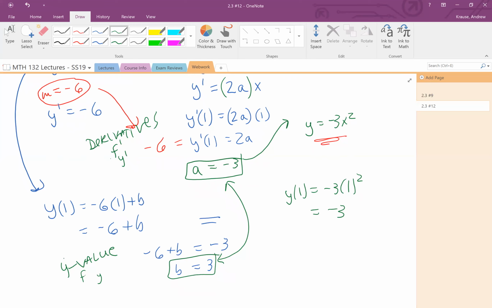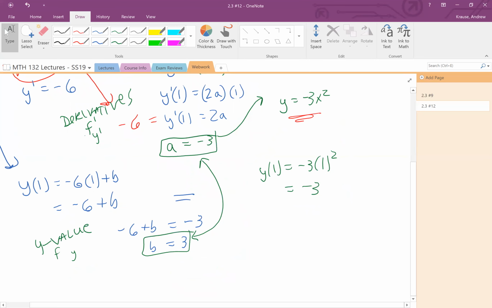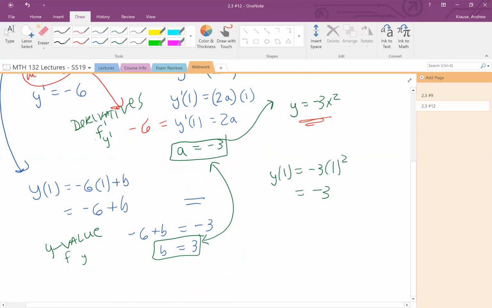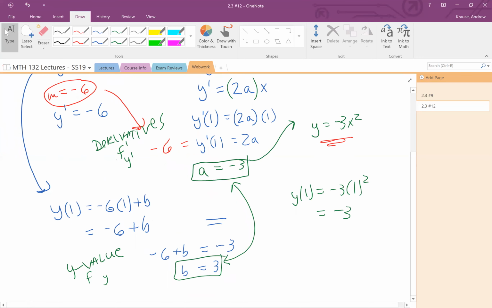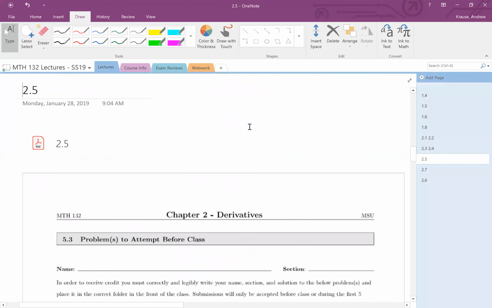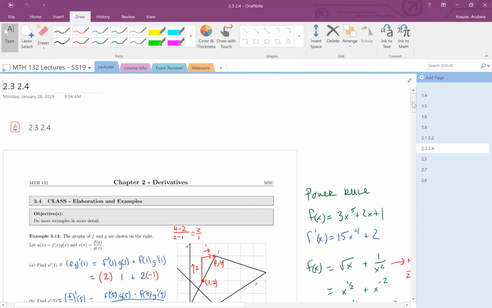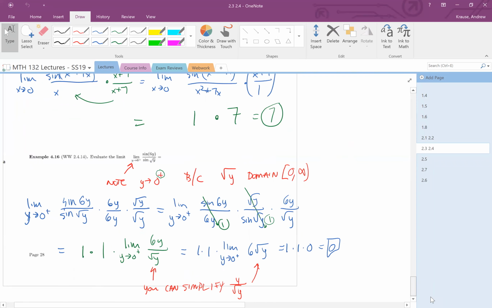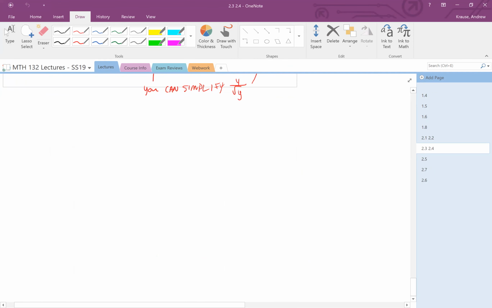The memorized trig derivatives. Well, you can just Google trig derivatives, but I can write them for you really quickly. I'm going to switch back to the main lecture and go back to the 2.4 notes to write these right at the bottom, because this is where we're going to need to know these ones. So the memorized trig derivatives, what are our trig functions?